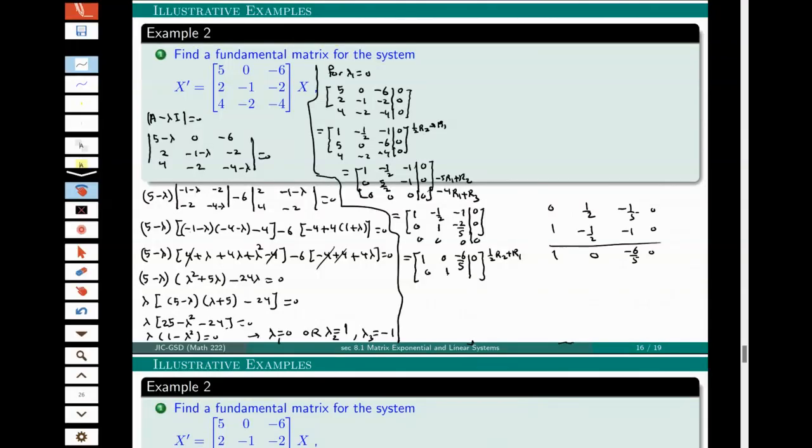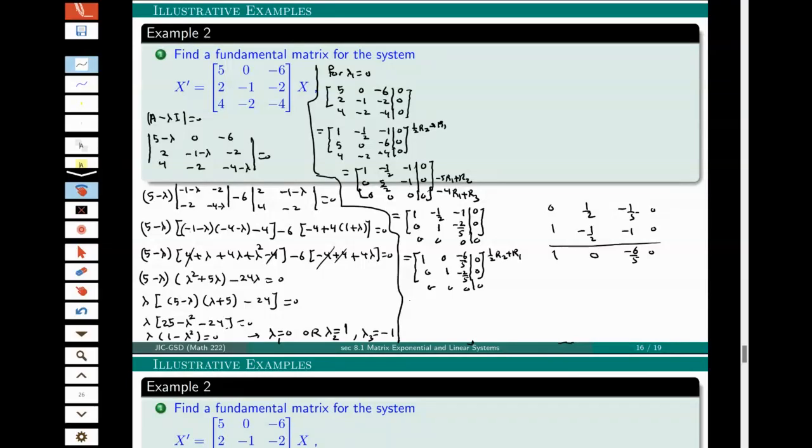That will be 0, 1, minus 2 over 5 and 0. And here the entire row is 0.